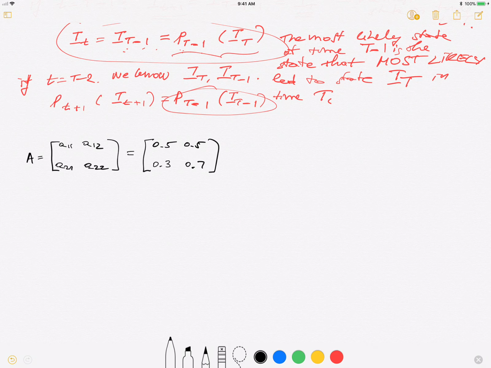I need to copy my B's: B11, B12, B21, and B22.